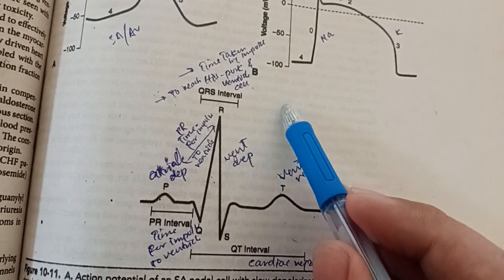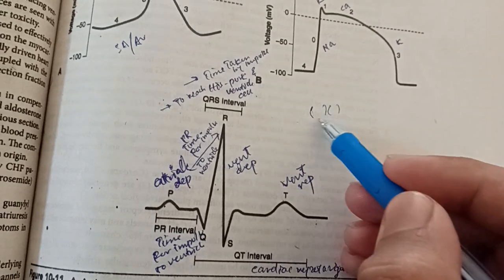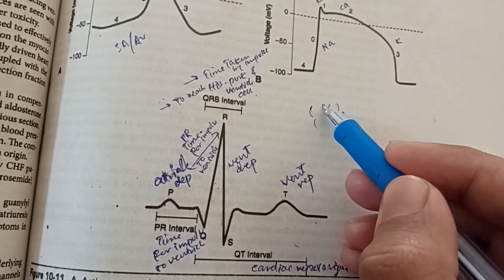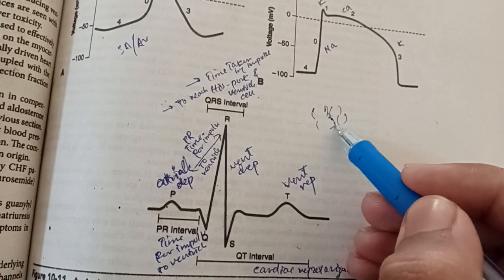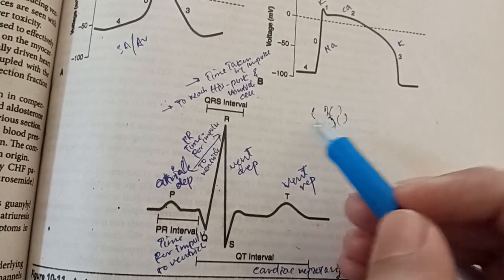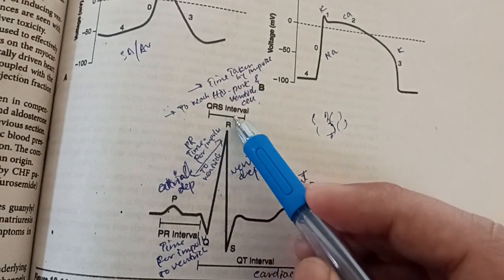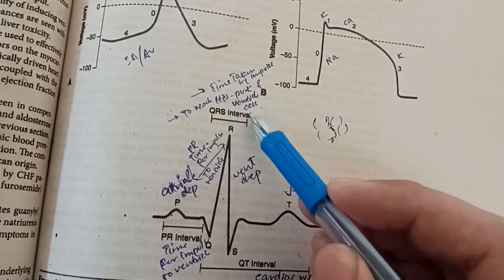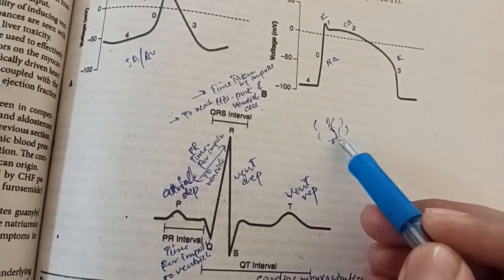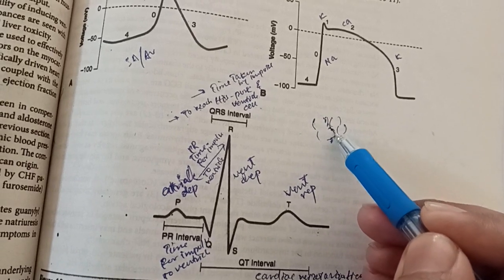We know about the heart: we have two kinds of chambers, atria and ventricles. Then we have the sinoatrial node, the atrioventricular node, then the bundle of His and the Purkinje fibers.